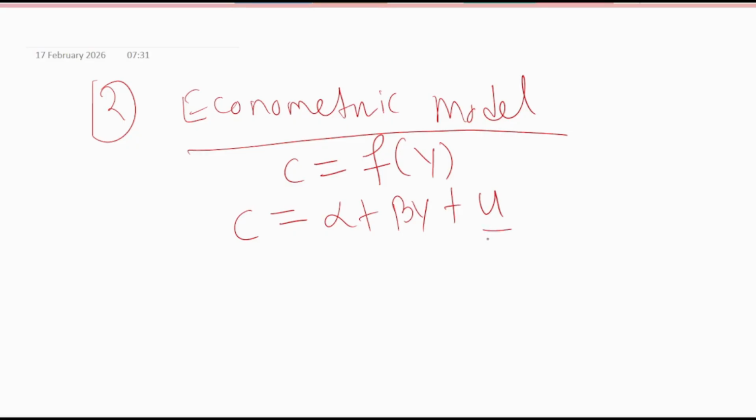U is the error term. And here we are including income as an independent variable which may impact your consumption.